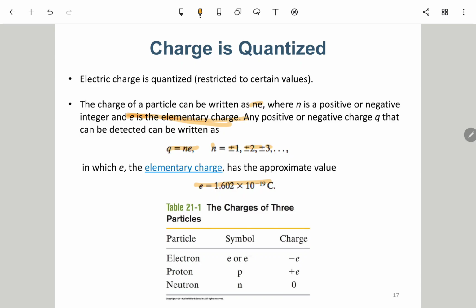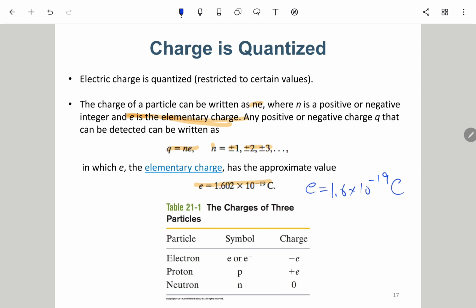Usually e equals 1.6 times 10 to the negative 19 coulomb is sufficient. Of course, you have a calculator and can just use 1.602, but generally 1.6 times 10 to the minus 19 is accurate enough, in my opinion.